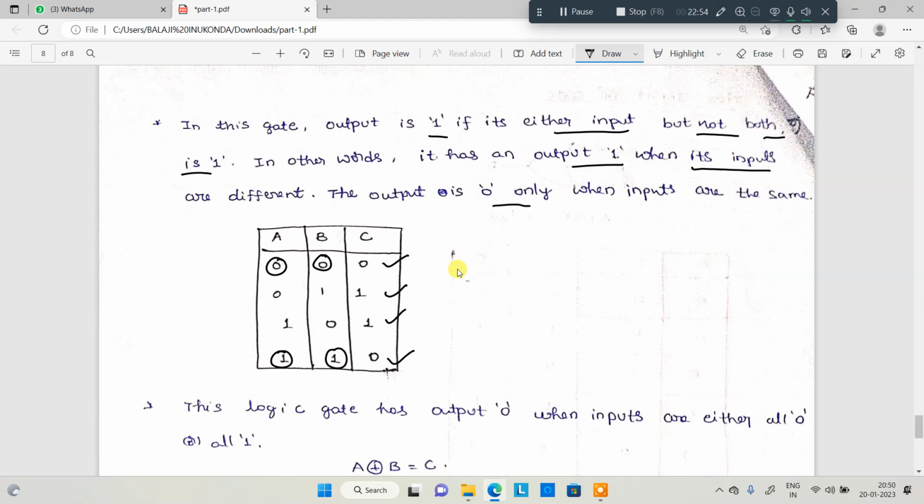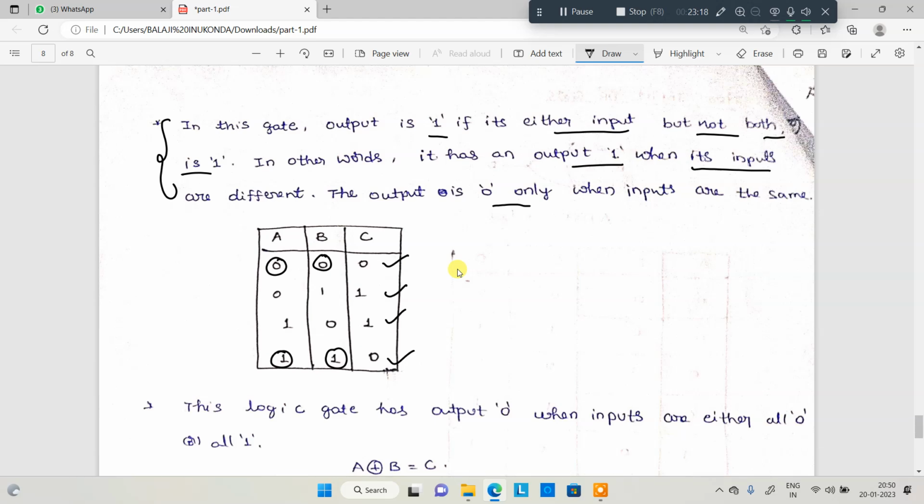This particular point is very, very important in the examination; they may give a statement on it. So finally, I conclude that for the exclusive OR gate, whenever both inputs are high or both inputs are low, the output will be low. In all other cases, the output will be high.